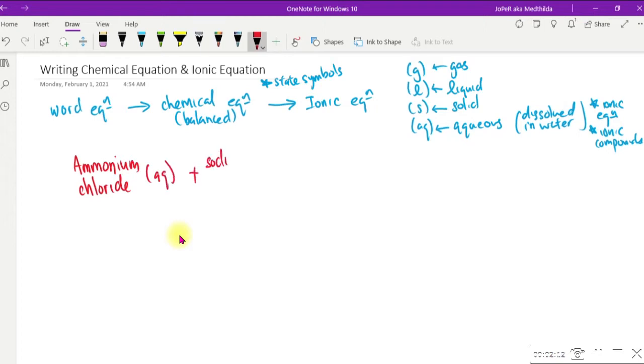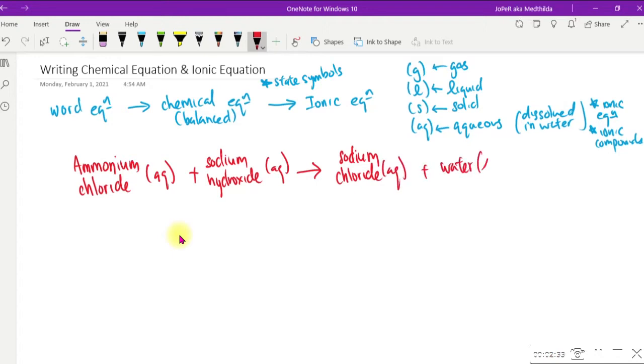Sodium hydroxide, aqueous also. What I'm going to get, when ammonium chloride plus aqueous sodium hydroxide, is actually sodium chloride, aqueous, plus water, which is liquid, plus ammonia gas.